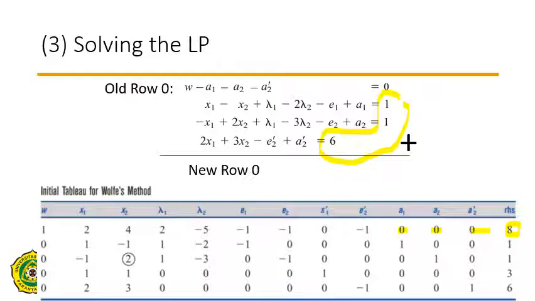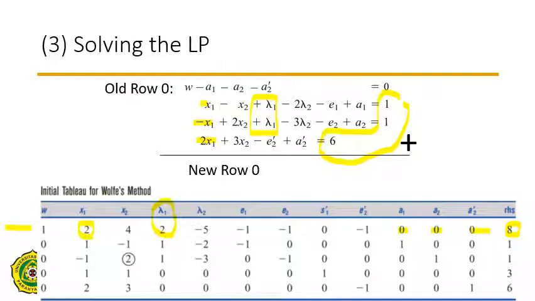And then you have x1 minus x1 plus 2x1, so x1 equals 2, and so on. Another example is lambda 1: you have lambda 1 plus lambda 1, so lambda 1 equals 2. Okay, so this is your new row 0, and you are ready to perform the two-phase simplex, specifically just the first phase.